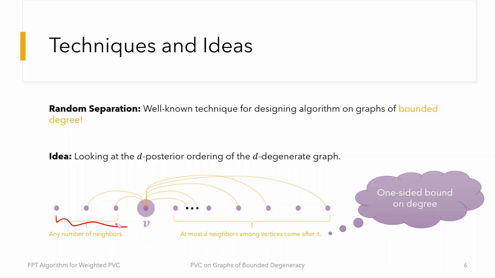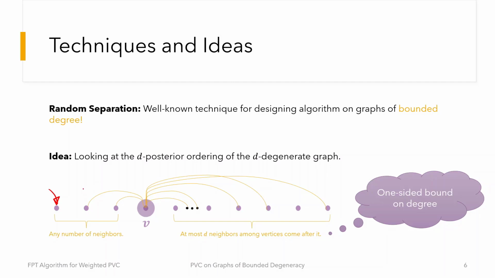So the degree is kind of bounded from this side only. So how can we get this ordering? It's pretty easy. Considering the definition, the graph has a vertex with degree at most d. So we pick that vertex and we remove it from the graph.